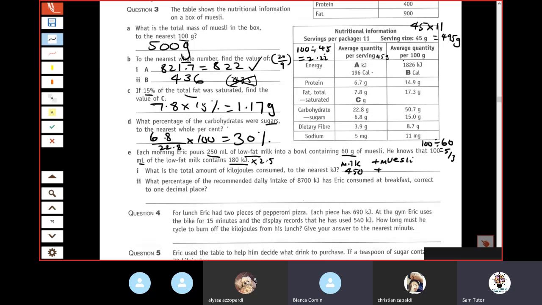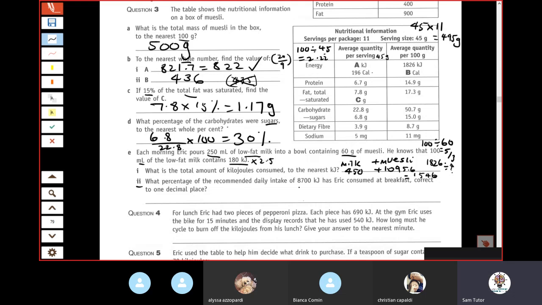And then I would do 1826 divided by 5 over 3. And that should tell me exactly how many kilojoules of muesli I'm having. In total, the nearest kilojoules is 1546. Yep. Christian, that makes sense? Yep. All right.